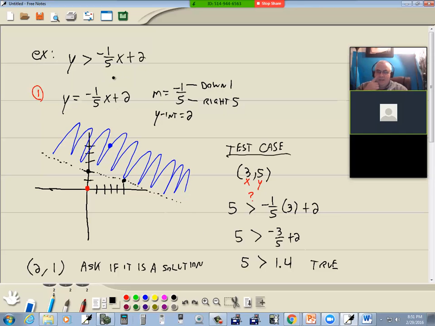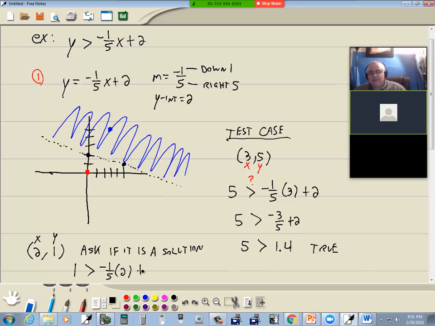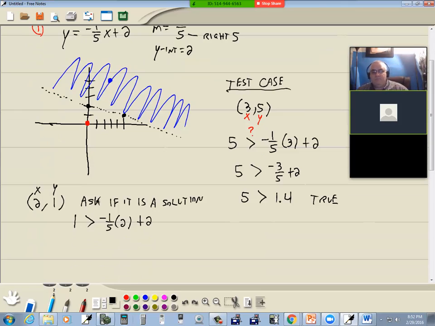What you do then is you plug it in up here. This is our x and this is our y. So we plug 1 in for the y, you plug 2 in for the x, and then you go through and check that. And again, this is a question mark at this point. We're wondering if that's true.